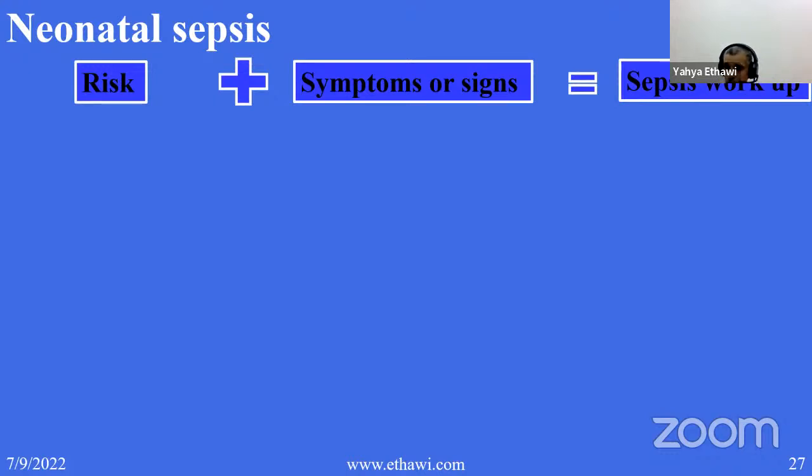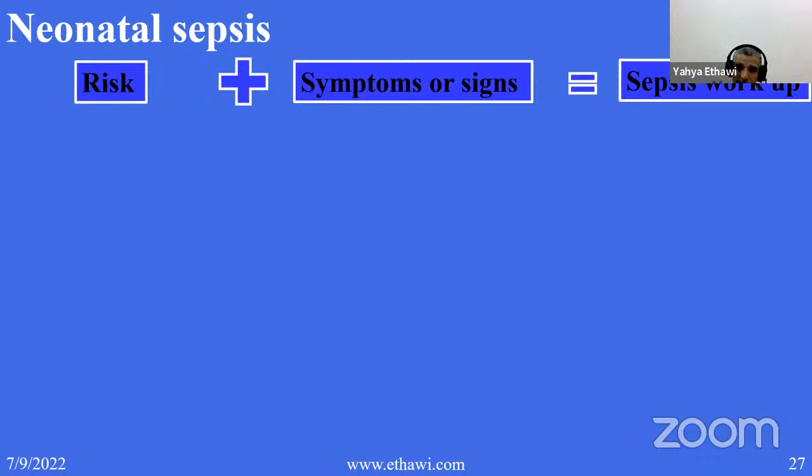Bacteria in the blood is called bacteremia, but bacteremia with symptoms we call sepsis. Some people call it septic workup. This is incorrect. Septic workup means your workup is dirty. The correct term is sepsis workup, not septic workup.